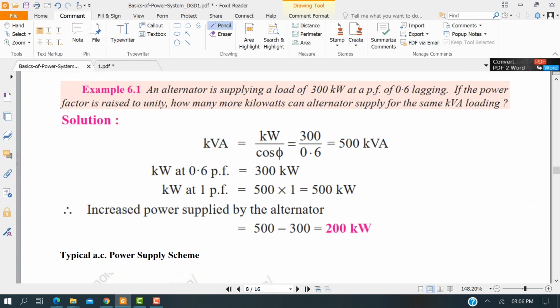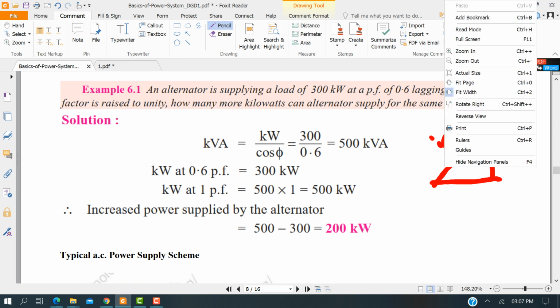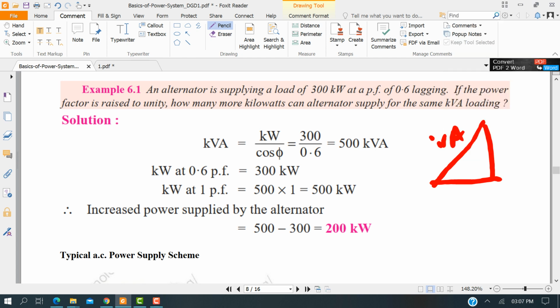Now here, see an example. An alternator is supplying 300 kilowatt. P value is given. I just draw the power triangle here. It's kVA, and it's watt, and it's var.